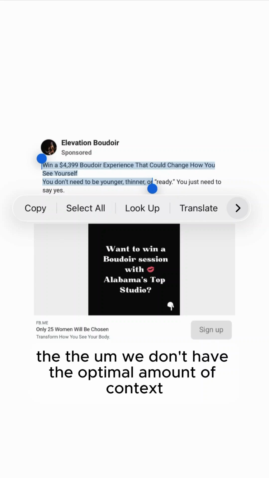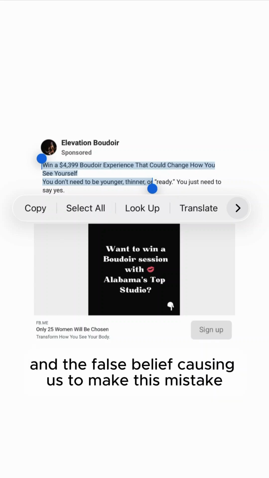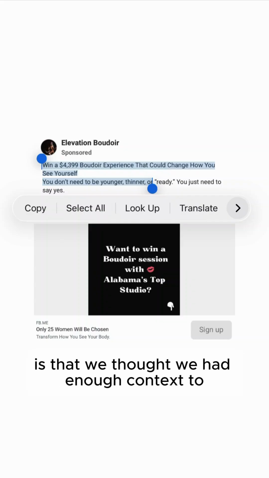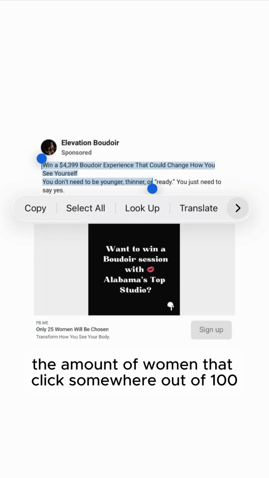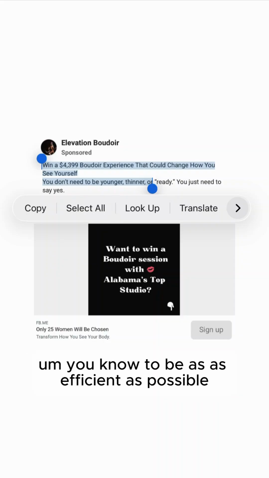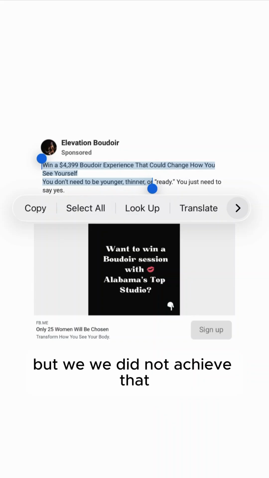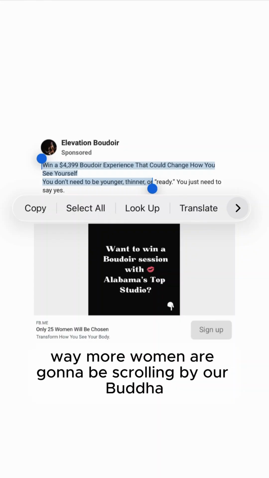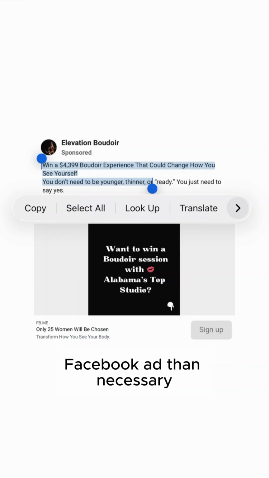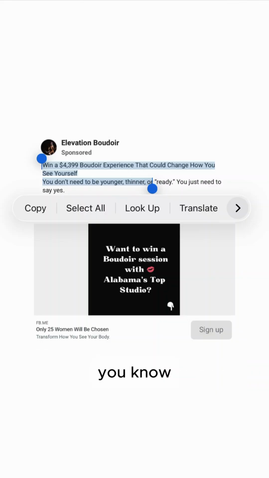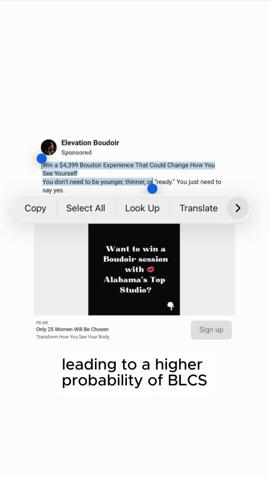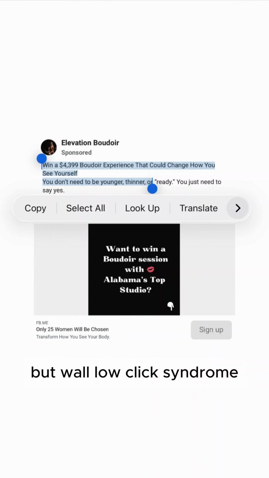We don't have the optimum amount of context, and the false belief causing us to make this mistake is that we thought we had enough context to optimize the amount of women that click somewhere on our ad out of 100, to be as efficient as possible, but we did not achieve that. So the consequence of this: way more women are going to be scrolling by our Boudoir Facebook ad than necessary, pulling our unique CTR under 6%, and leading to a higher probability of BLCS, Boudoir low click syndrome.